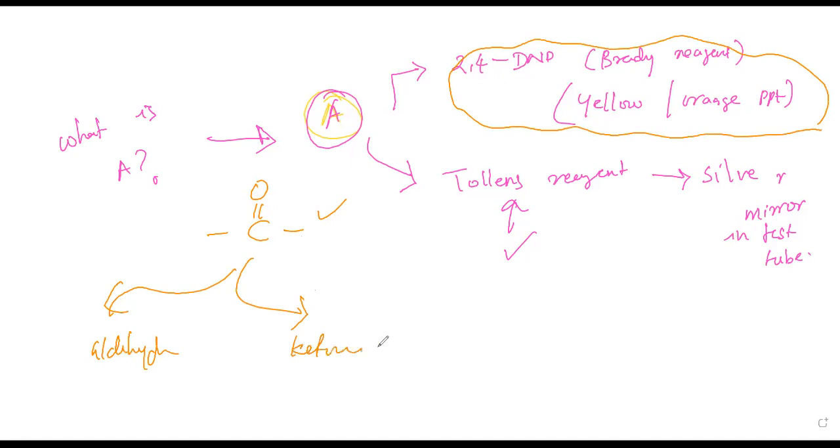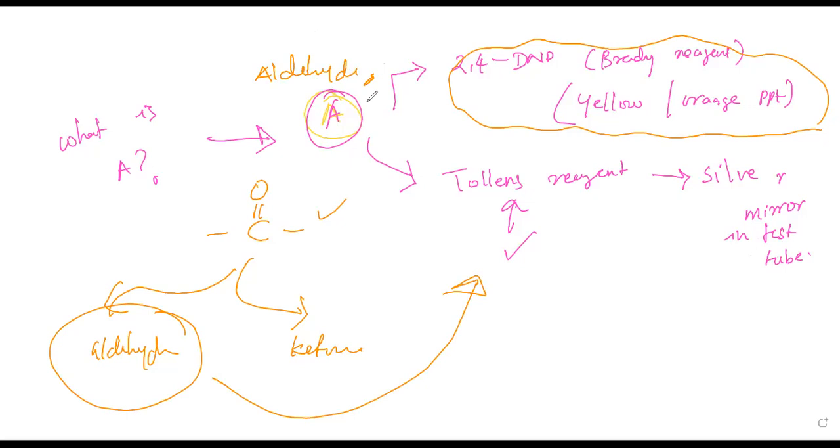Ketone never undergoes the oxidation reaction. Only the aldehyde will. Where Tollens gives the silver mirror in the test tube, that means your compound A is an aldehyde. A simple identification. Did you all understand, guys? Is it clear?